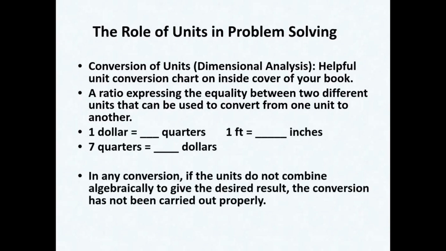We're going to be looking at what are the equalities or the ratio between 2 units. So for example, $1 is how many quarters? So 4. 1 foot is how many inches? 12. But if we have 7 quarters, how many dollars would that be? So we would have $1.75.